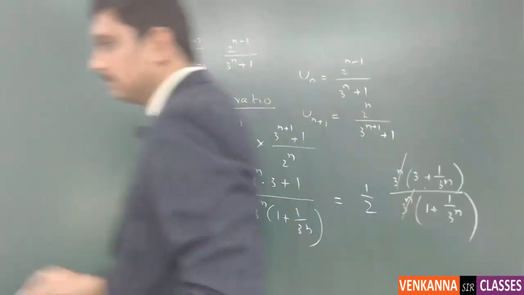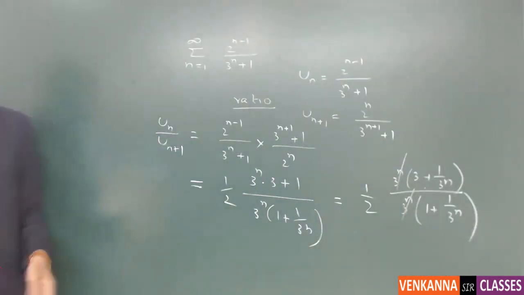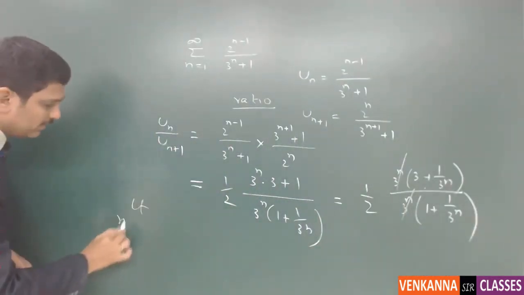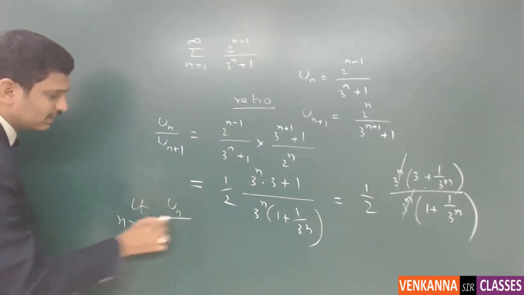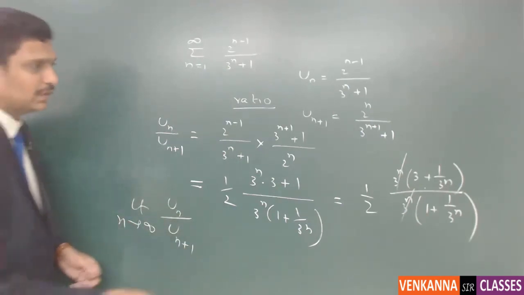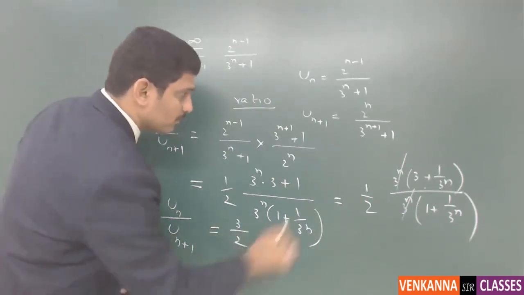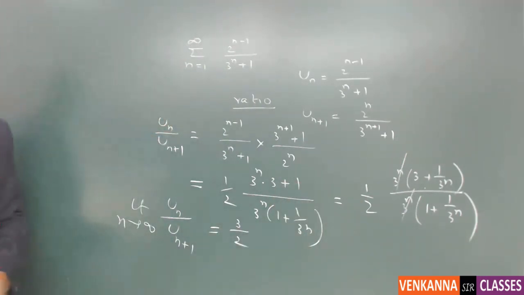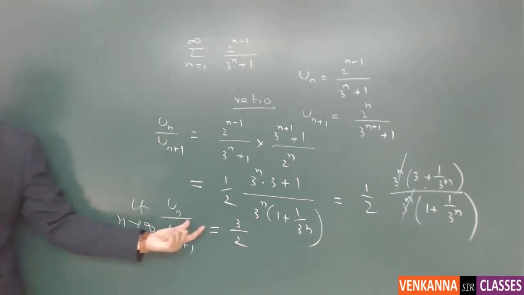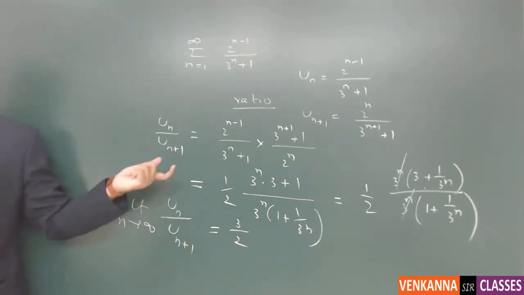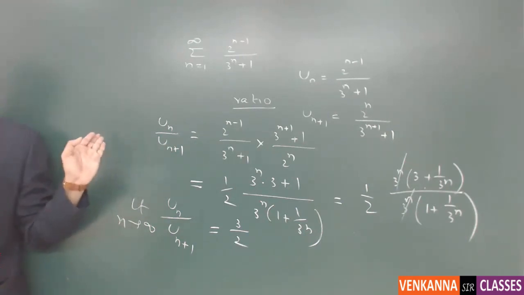Now agreed, right? So if you apply the limit, limit n tends to infinity, un by un plus 1, this will be equal to 3 by 2. Accepted? The limit value. So since the value is greater than 1, by the ratio test, we can say that it is convergent. Any questions?